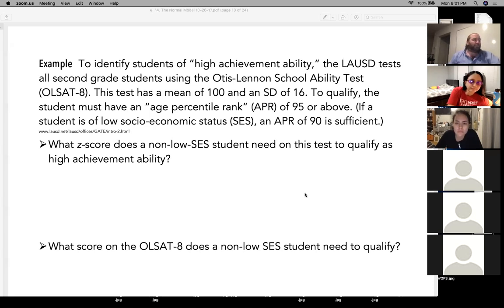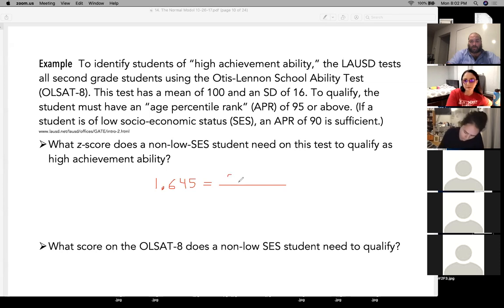We want a more mathematically precise answer for 1.645 as my Z-score, and the answer is just use the formula for Z-score. But now we know Z, and what we don't know is the raw score. How would you do it?